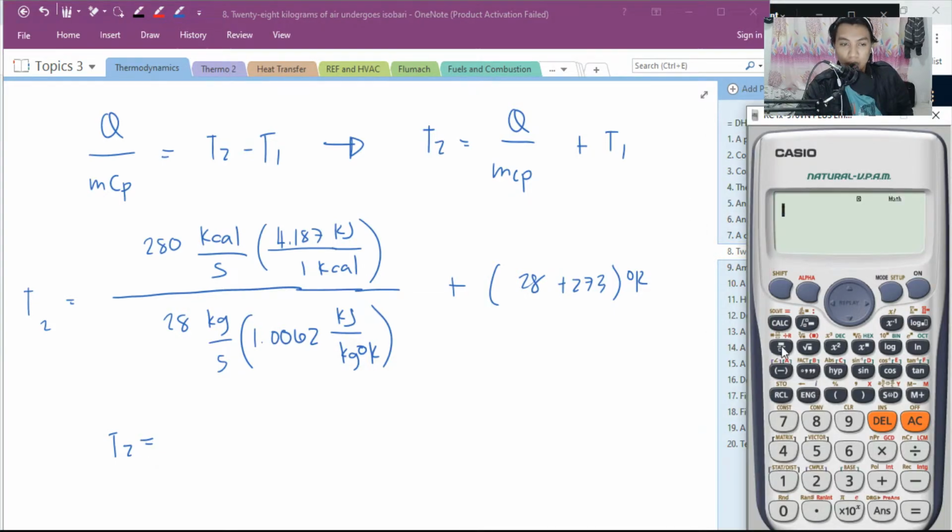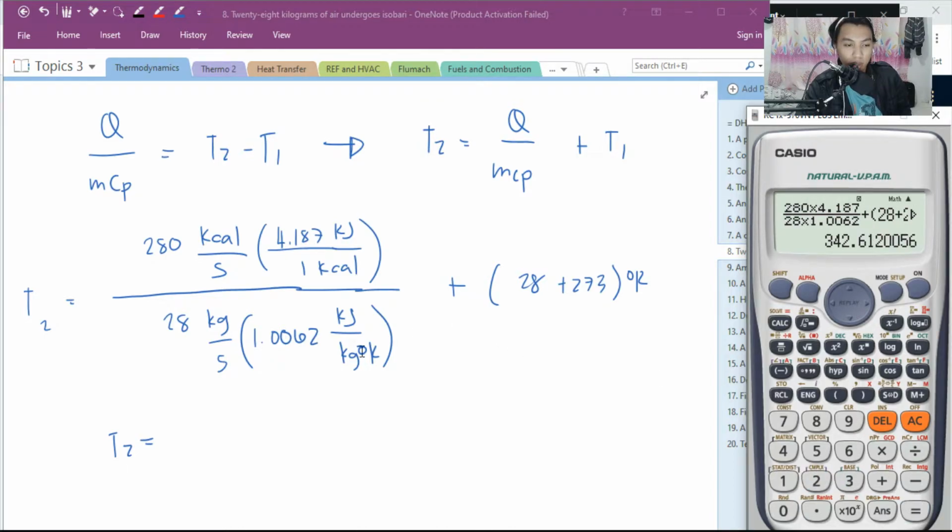So, that is 280 times 4.187 divided by 28 times 1.0062. Dapat sakto 'to, pero 'pag board exam ang ginagamit dito 1 na lang, kahit wala na yung 0.0062. Plus 28 plus 273.